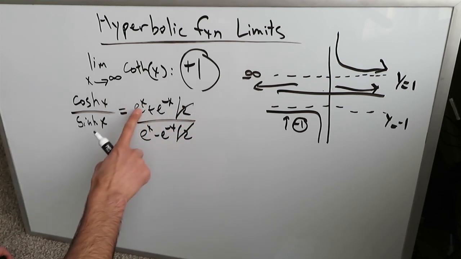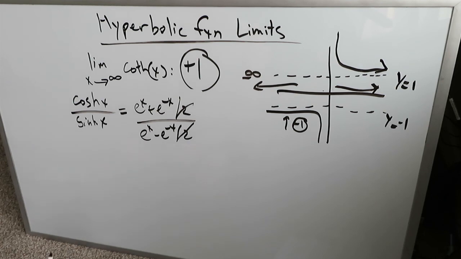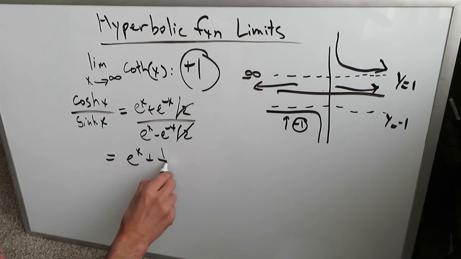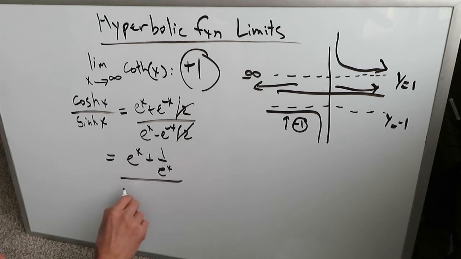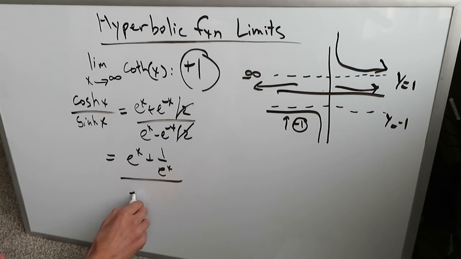And all you're left with is e to the x plus e to the minus x on the top, and e to the x minus e to the minus x on the bottom. All you have to do over here is write this in a better way: e to the x plus 1 over e to the x, divided by e to the x minus 1 over e to the x.